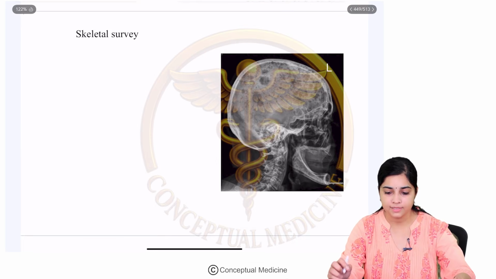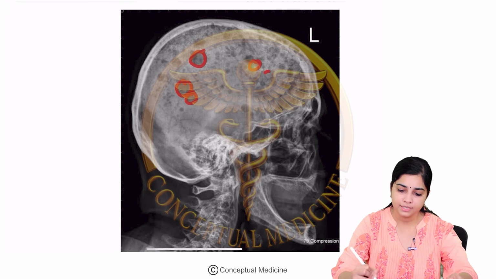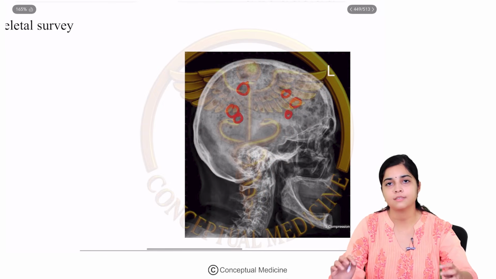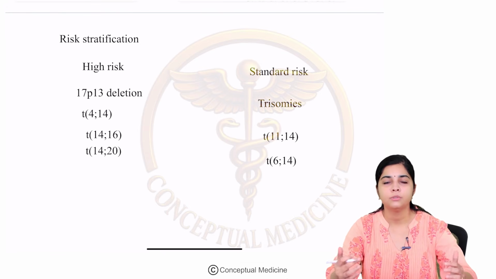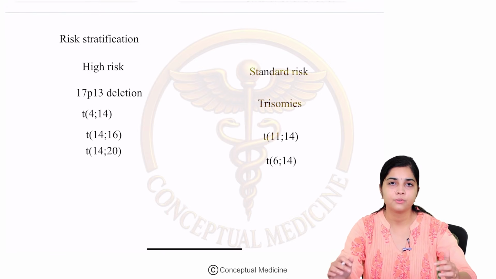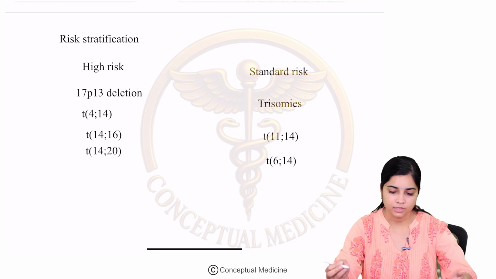We had spoken about the skeletal survey. So this is the X-ray which can be a spotter, which shows the multiple lytic lesions found in the skull. For any malignancy we have to do a risk stratification, and we should know certain standard risk and high risk cytogenetic abnormalities, because the treatment will vary according to this.